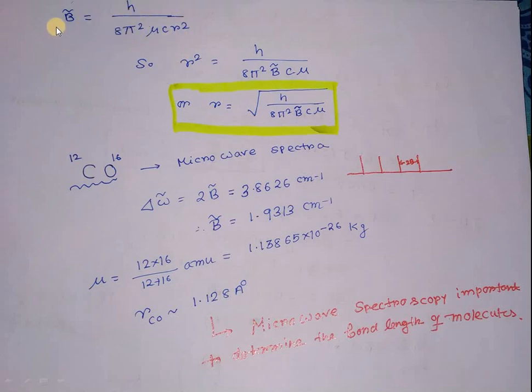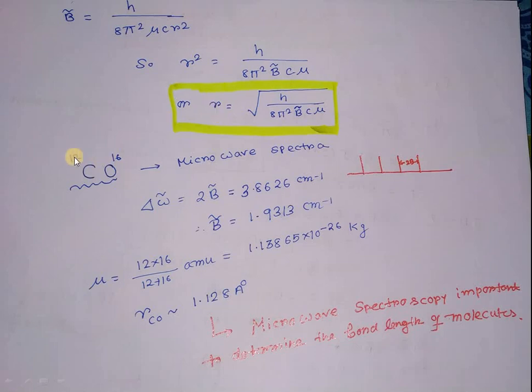So if we calculate the value of B bar from the microwave spectroscopy, we can obtain the bond length between these two atoms. The expression of r will be equal to root over of h by 8 pi square B bar c into mu. So if you determine the successive gap between two lines from the microwave spectrum, you can obtain the bond length of this system.